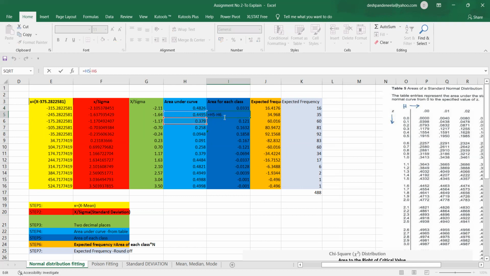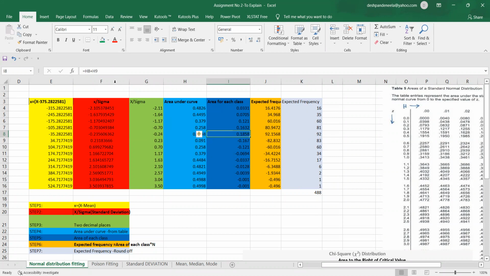But this you will do only till when you get the negative sign of x by sigma. Now this is one of the rules for setting up your normal distribution or fitting of your normal distribution. So you have to go to those PPTs. It's very important. Now here you can see it's minus 0.24.